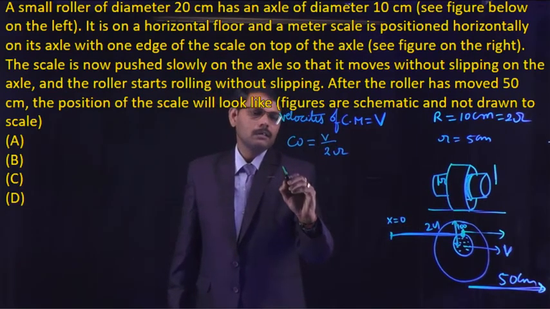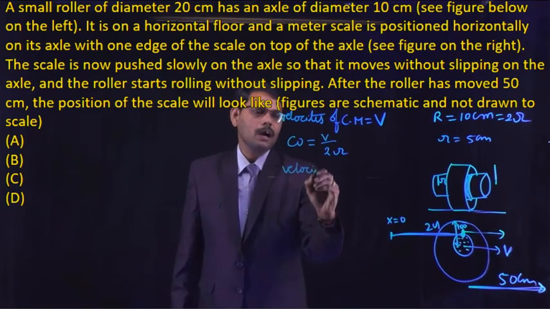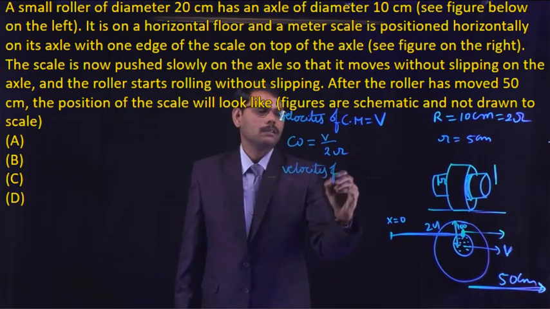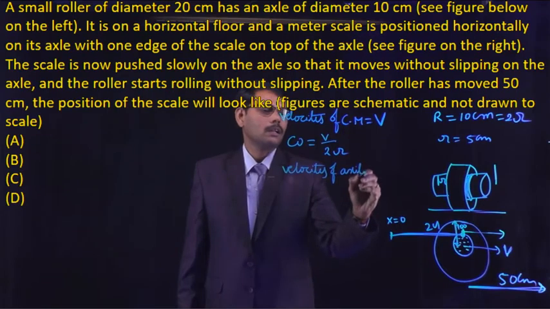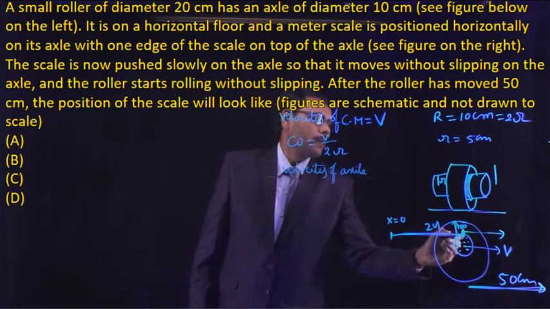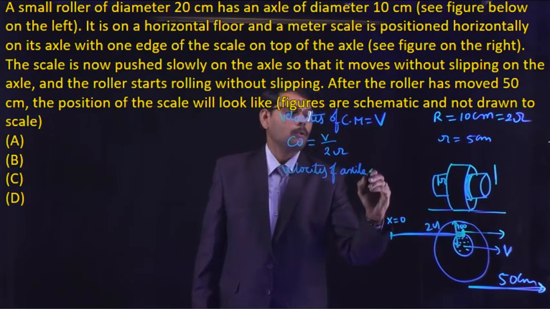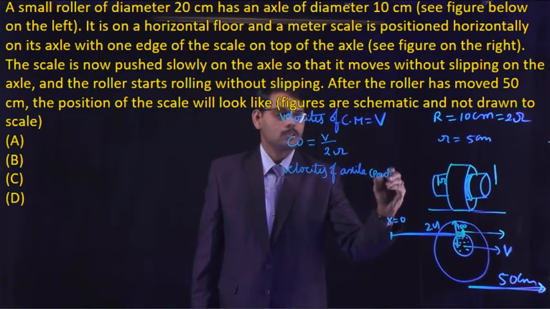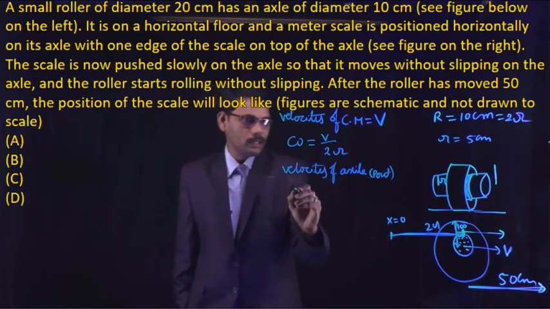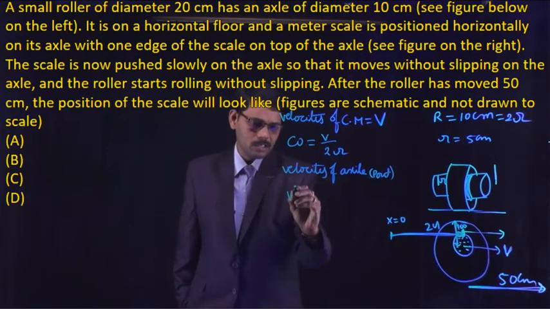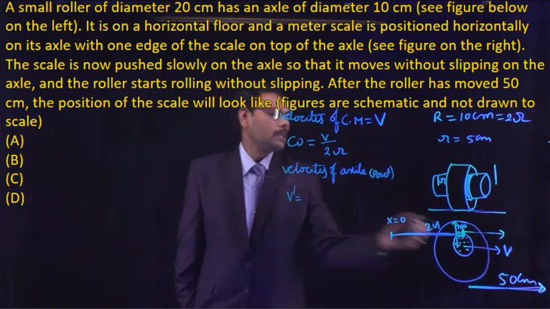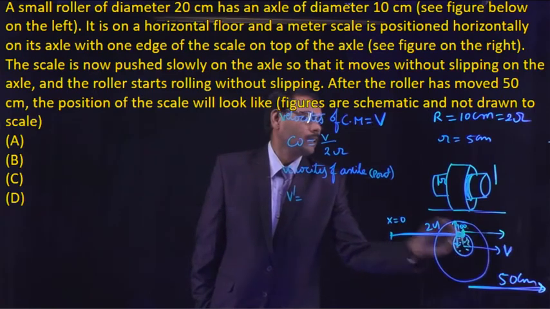Then we find the velocity of the axle. At this topmost point, the velocity of the axle point, not the center of mass. That means the topmost point. The velocity of the axle point is v dash, and its radius is r, the axle radius r into omega.